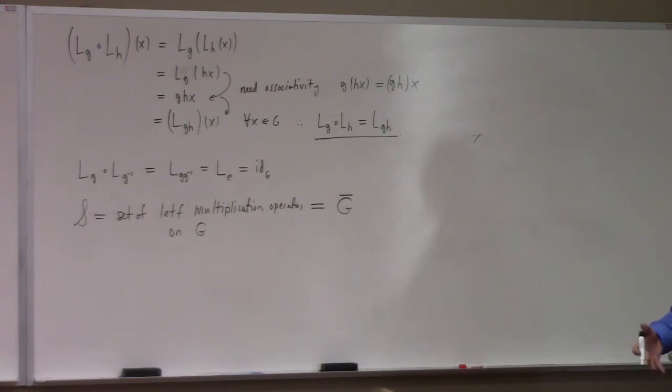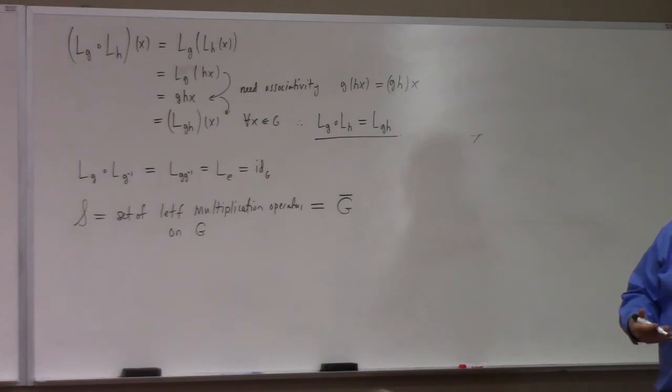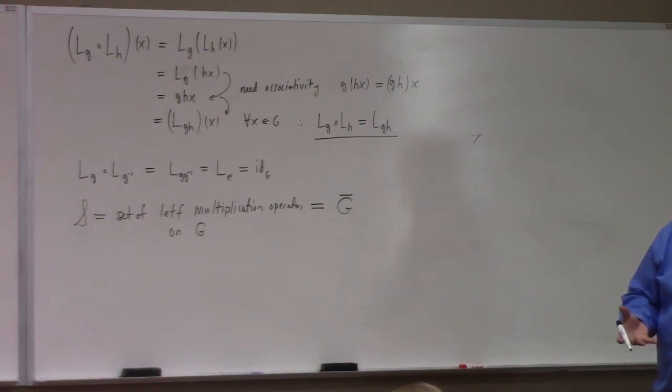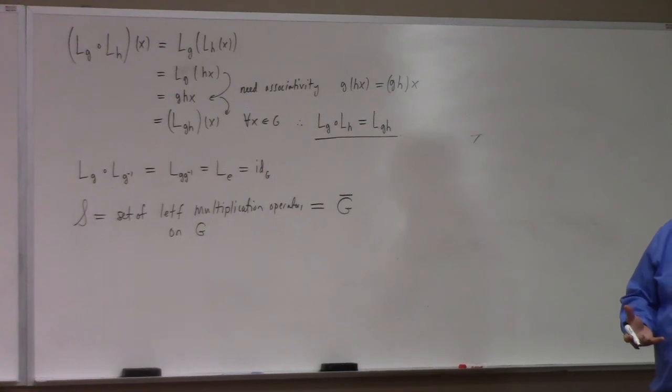If you take two things in the set, and you can compose them, what do you get? If I take L_g and I take L_h and I compose them, I get L of gh, which is again an element of the set. With respect to composition, the identity's in there because it's L sub e, right? With respect to inversion, if L_g is in there, L_g inverse is in there, and it serves as an inverse, left or right. And it's associative with respect to composition.